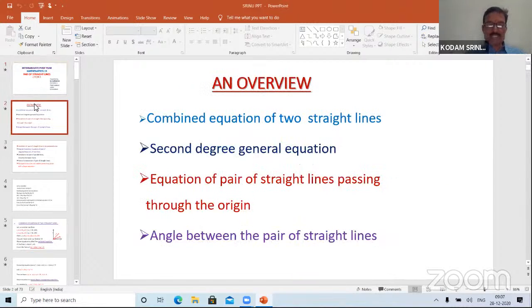So in this chapter, we will discuss combined equation of two straight lines, second degree general equation, equation of pair of straight lines passing through the origin, angle between the pair of straight lines.